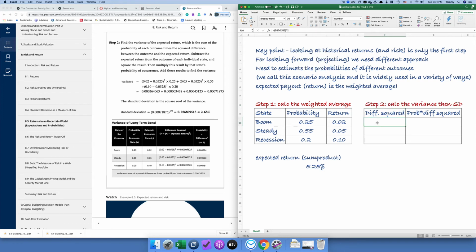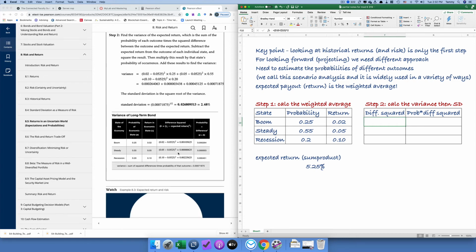In the first column, you take the square of the difference between the return in that state and the expected return. So you take that difference and bring it up to the power of 2.